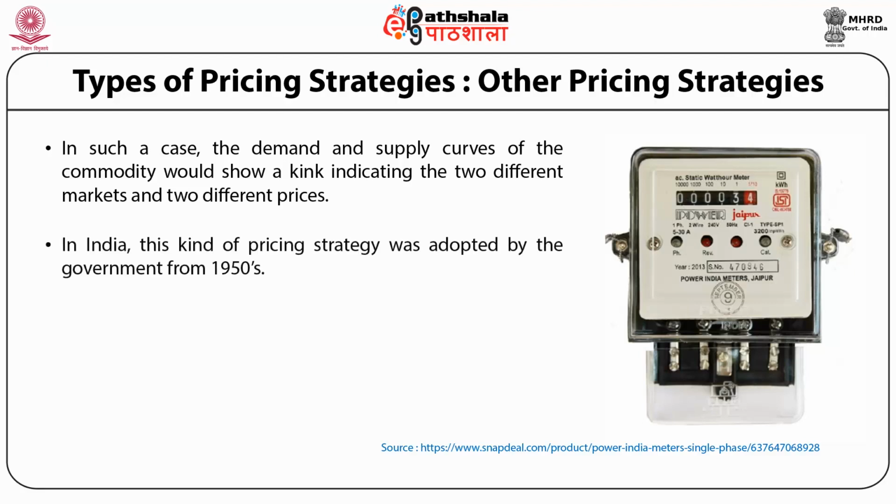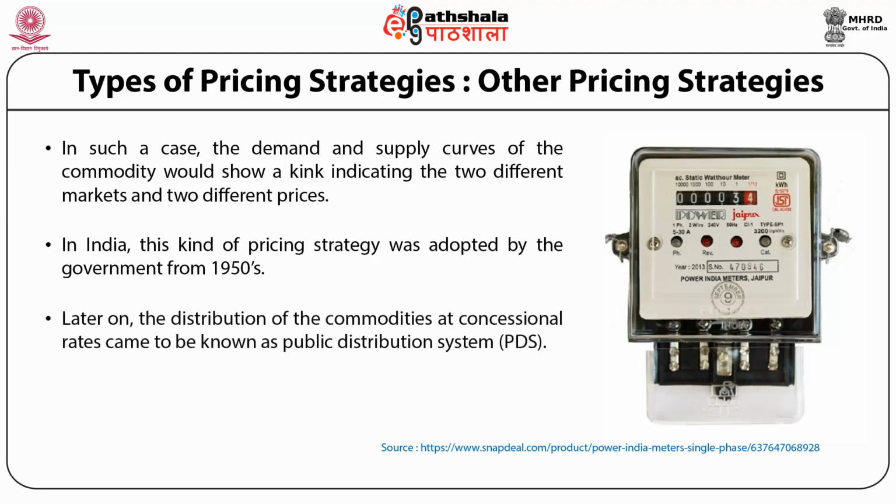In India, this kind of pricing strategy was adopted by the government from the 1950s. Later on, the distribution of the commodities at concessional rates came to be known as PDS, that is, Public Distribution System.